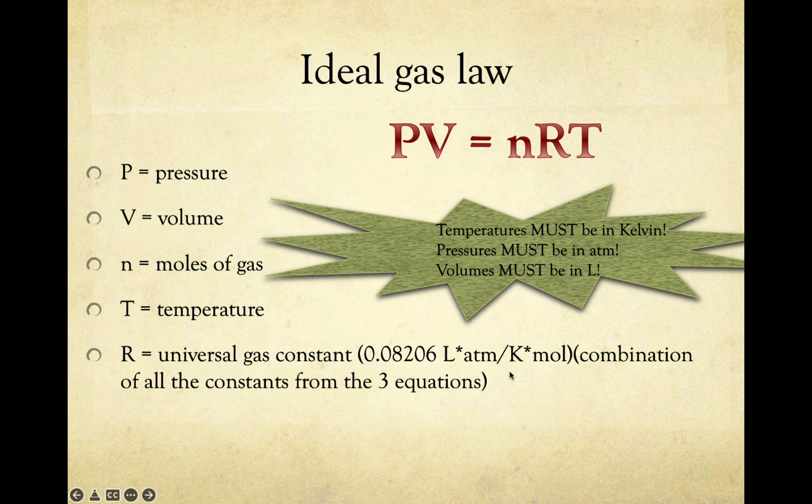But the value of that is on your reference table, and it's shown here: 0.08206. Note this complex unit. This will help you remember what units you need to be in for each of these factors here. Volume has to be in liters, pressure in atm, temperature in Kelvin, and amount in moles.